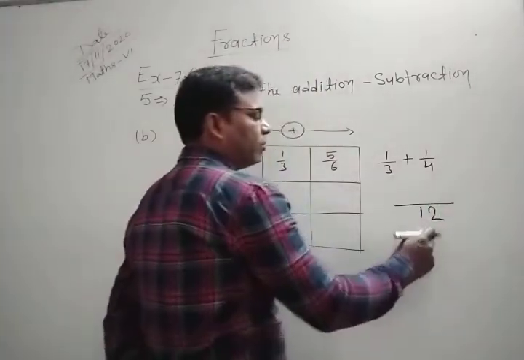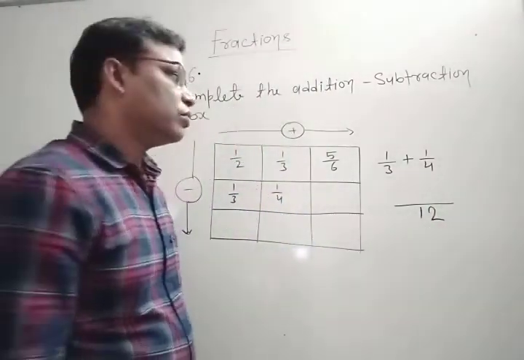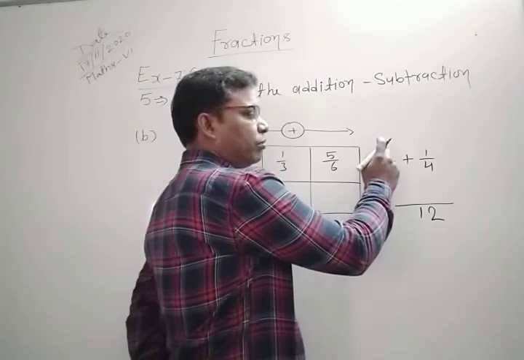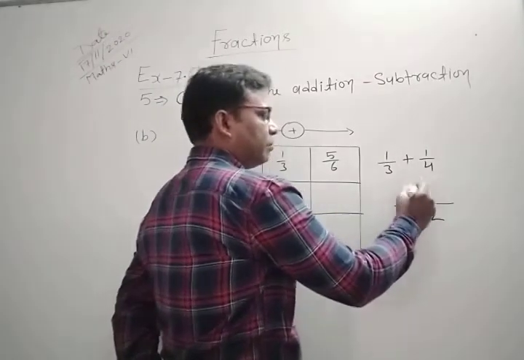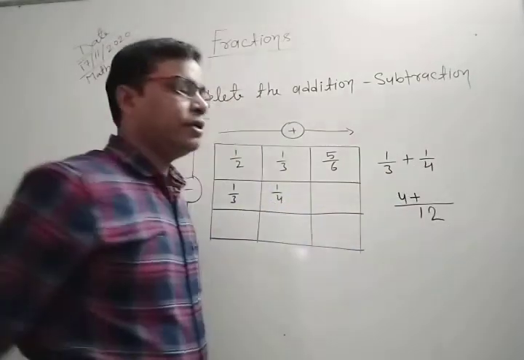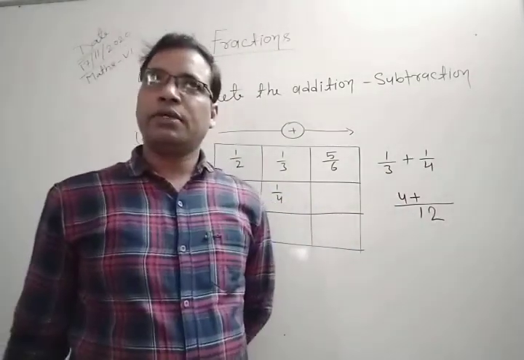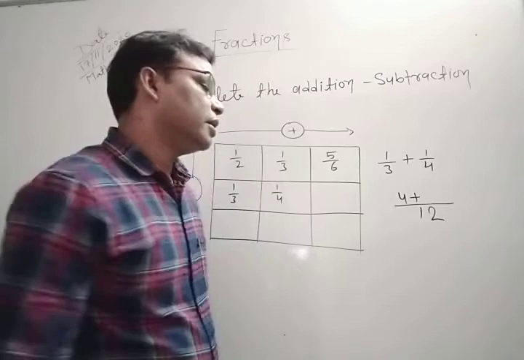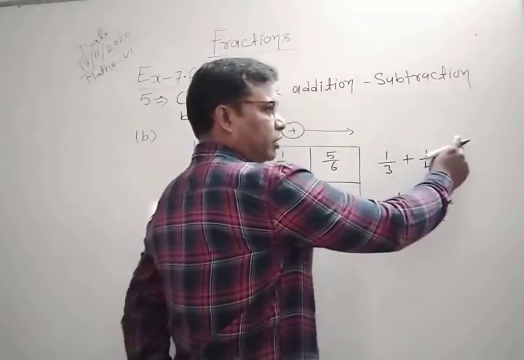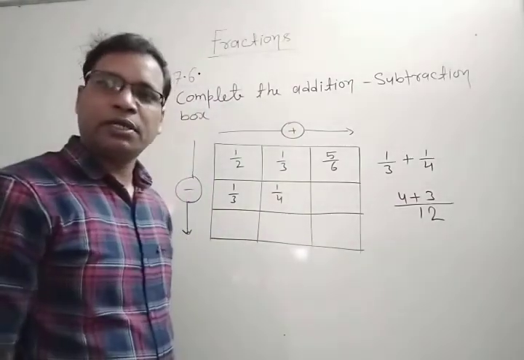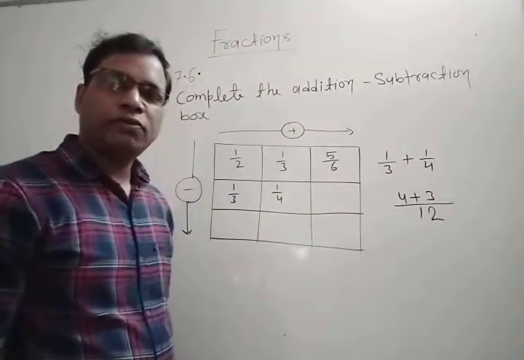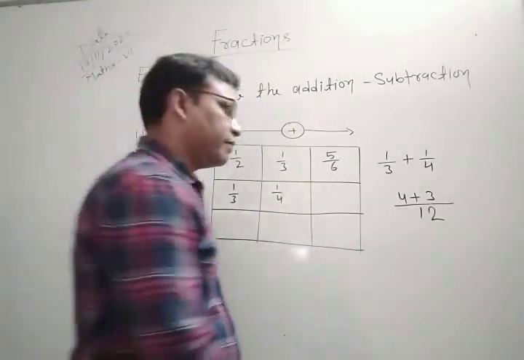If you divide 12 by 3, you obtain 4, and you multiply 4 by this numerator: 4 times 1 is 4. Again plus, when you divide 12 by 4, you obtain 3, and you multiply this 3 by the numerator: 3 times 1 is 3. So this way you find 4 plus 3 upon 12. 4 plus 3 is equal to 7.